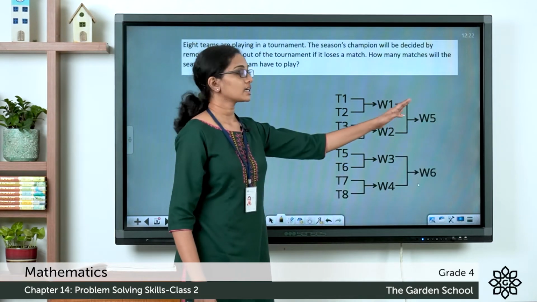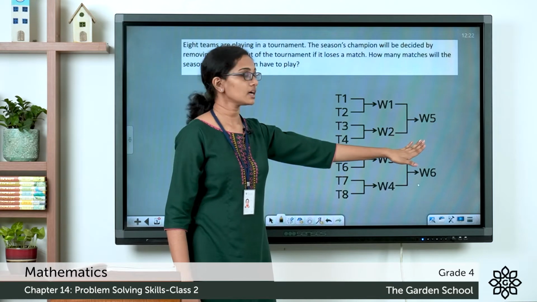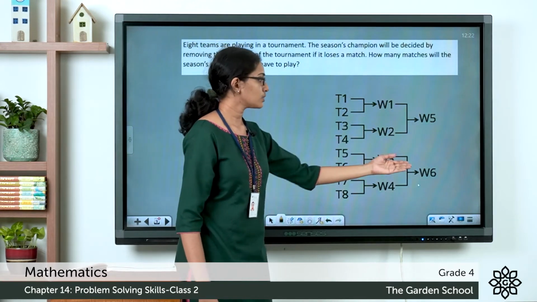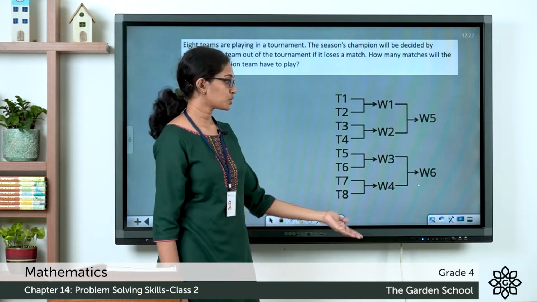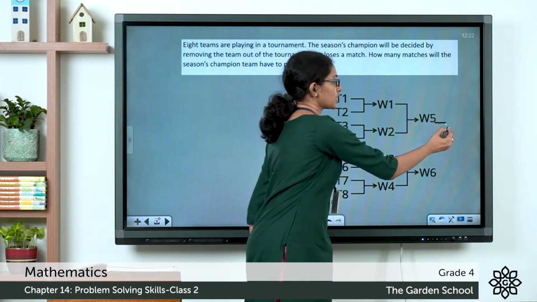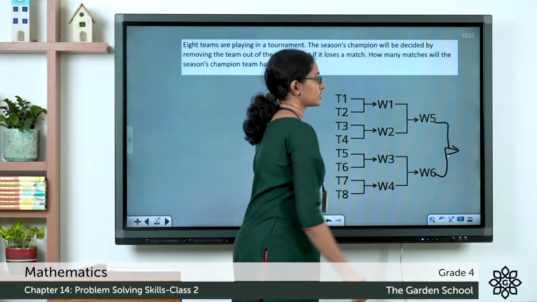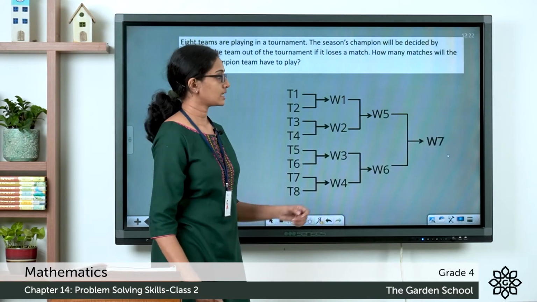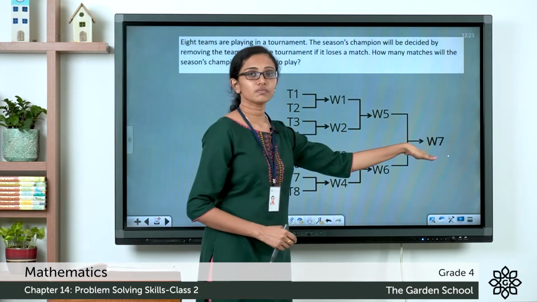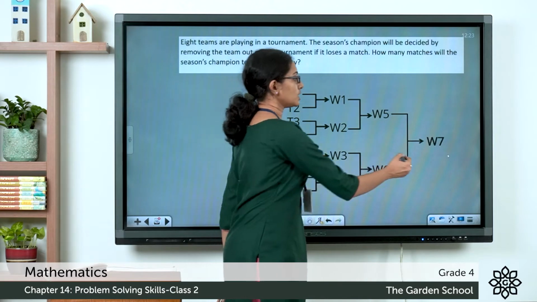Now let W5 be the winner of the match between winner 1 and winner 2 and let W6 be the winner of the match between W3 and W4. Now these two teams will play together and there will be a winner and let that winner be W7. So this is the final winner or the champion of the tournament.